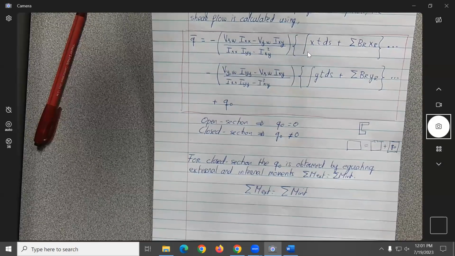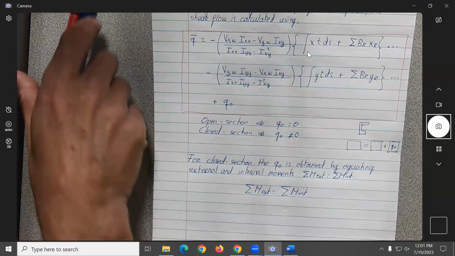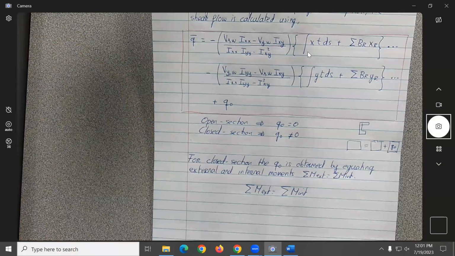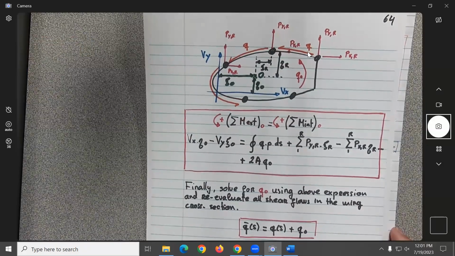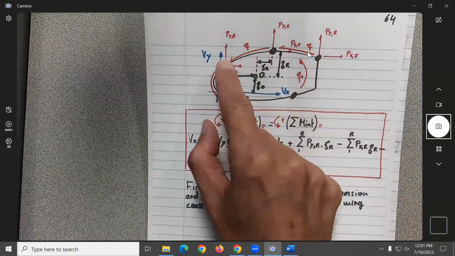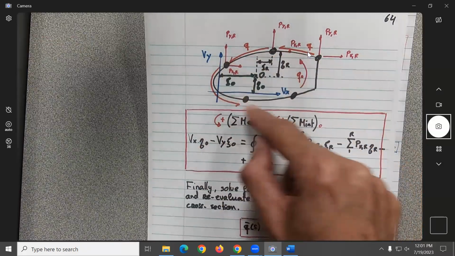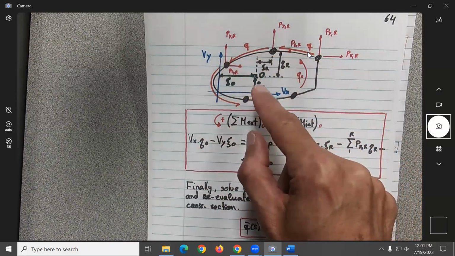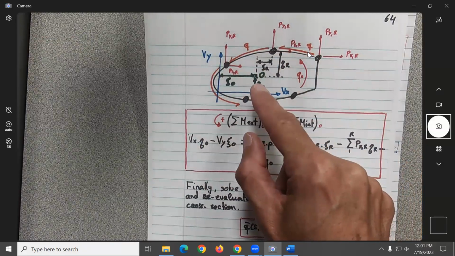Instead of me doing the figure, because I don't have that many colors, I'll just show it to you. So now what's going to happen is that all the different forces, the Px r, Py r, will also be creating an internal moment, no?